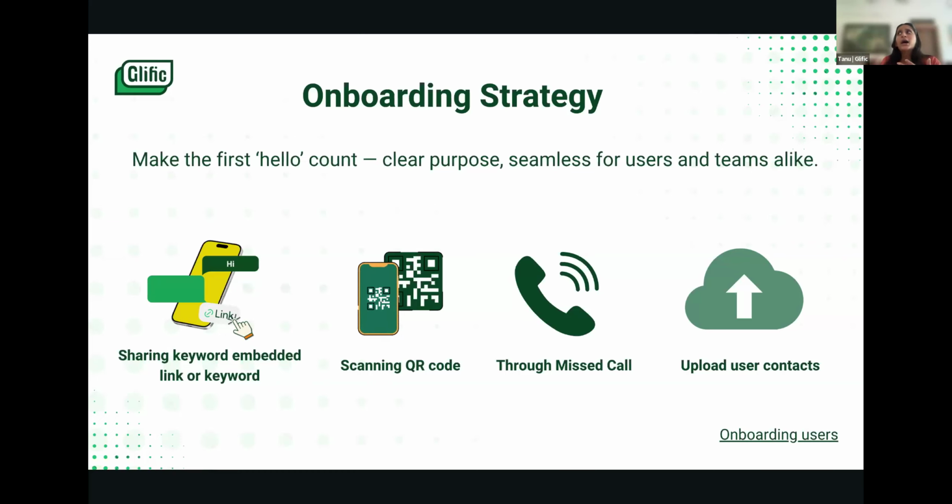The only thing, a lot of times which does get missed, in terms of cons for this, is that if the users are not very tech savvy, it's not very intuitive that when I click on the link, I have to actually send the keyword as well, because when you click on the link, it's just going to take you to, say, your chatbot as a number. So it's very possible that it's not very intuitive. So things like that are something you want to take into account when you're finalizing your strategy, right?